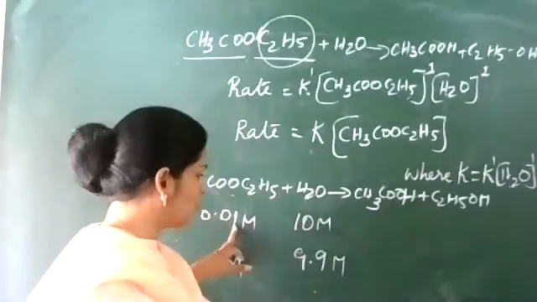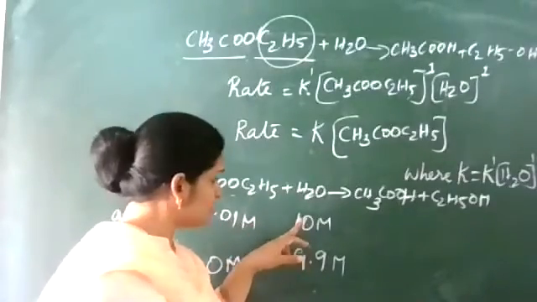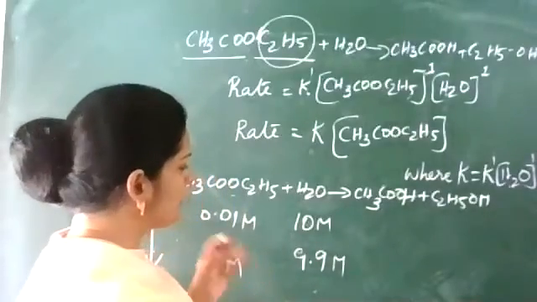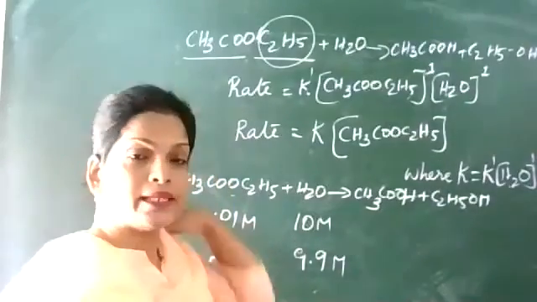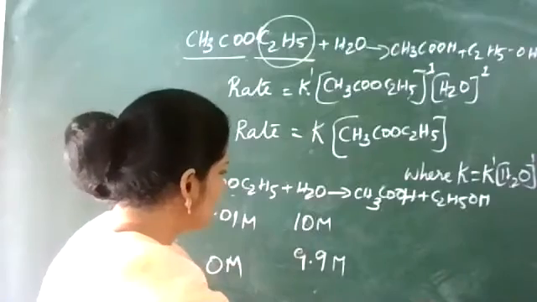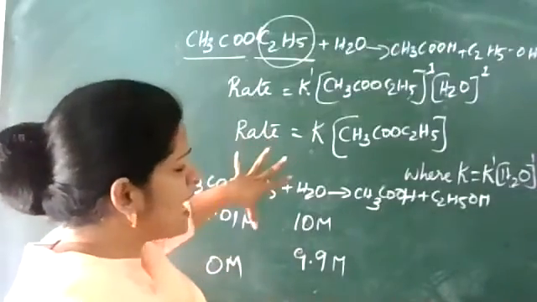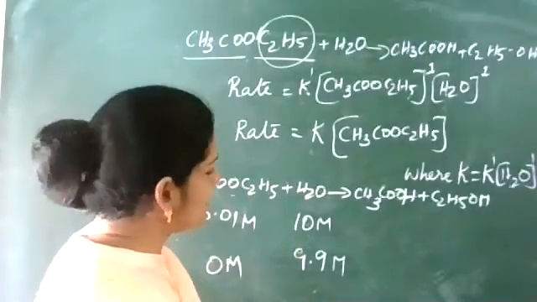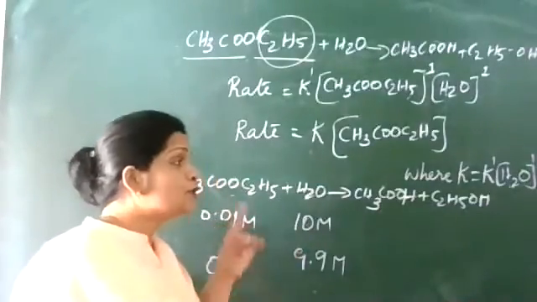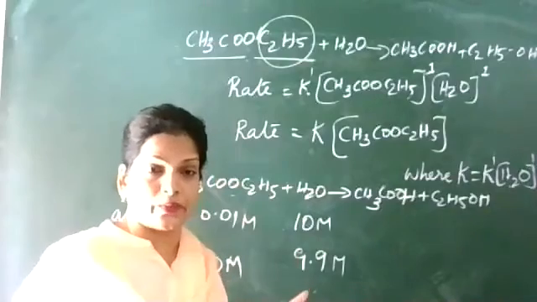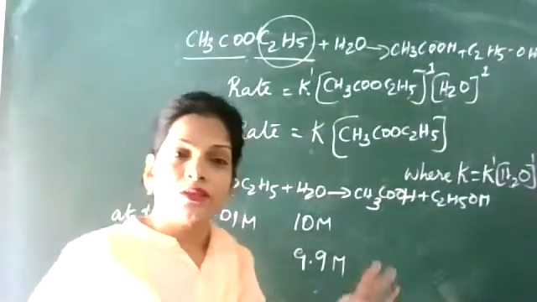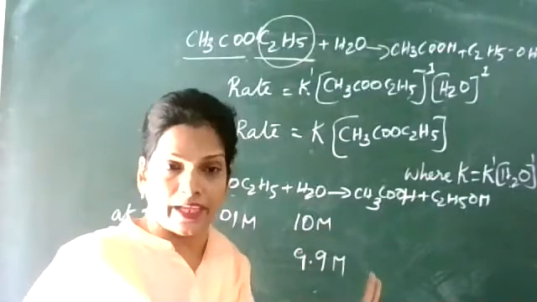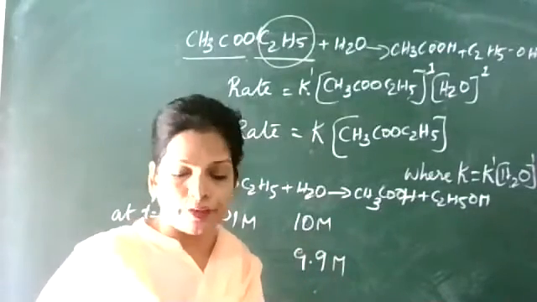That 10 molar is taken as constant. So we say this is an example of a pseudo first order reaction. If you calculate the K value using the first order equation, you will get a constant K value, so it follows first order, and we call it pseudo first order reaction.